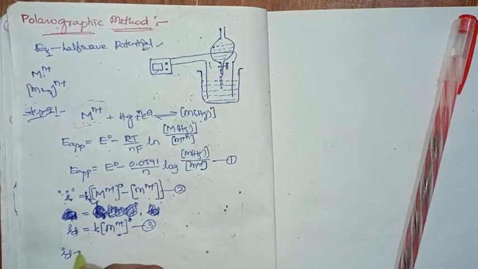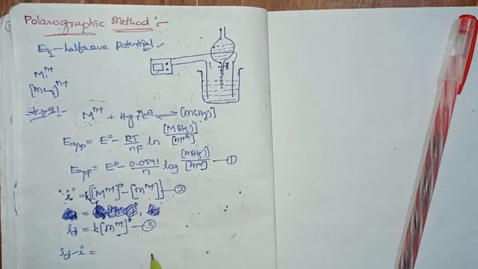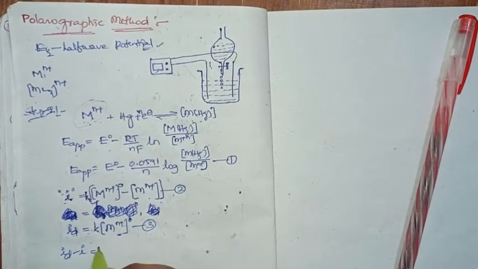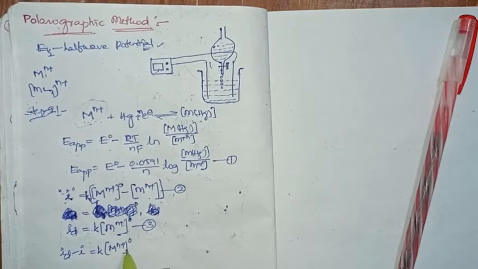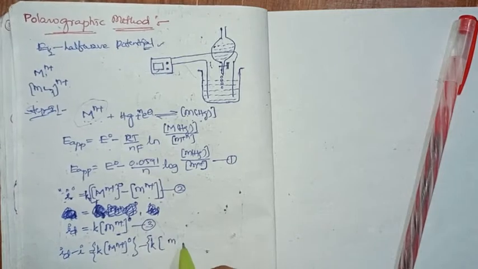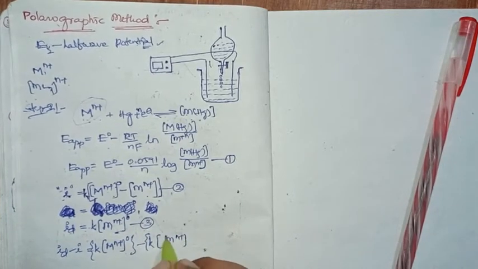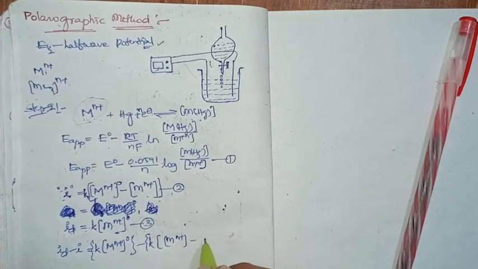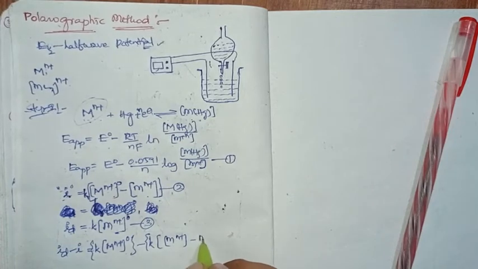Now, if we subtract the applied current from the diffusion current, it could be equal to K times the initial concentration of metal ion, minus K times the initial concentration of metal ion minus the remaining metal ion concentration.